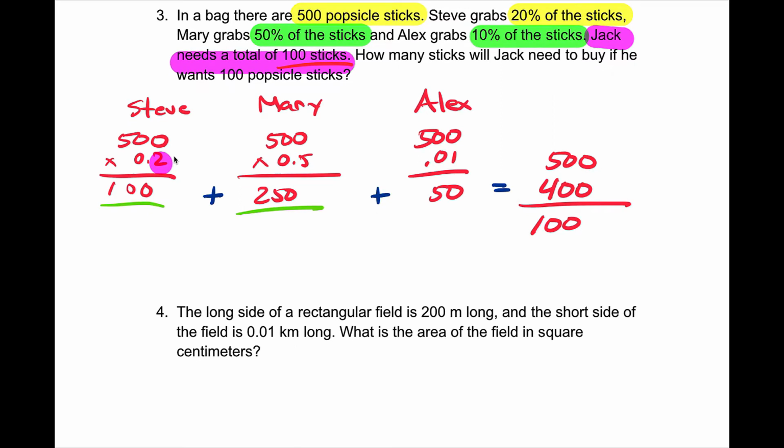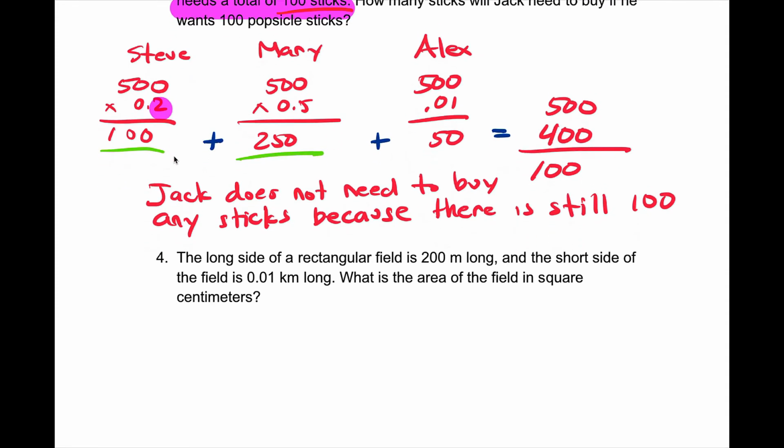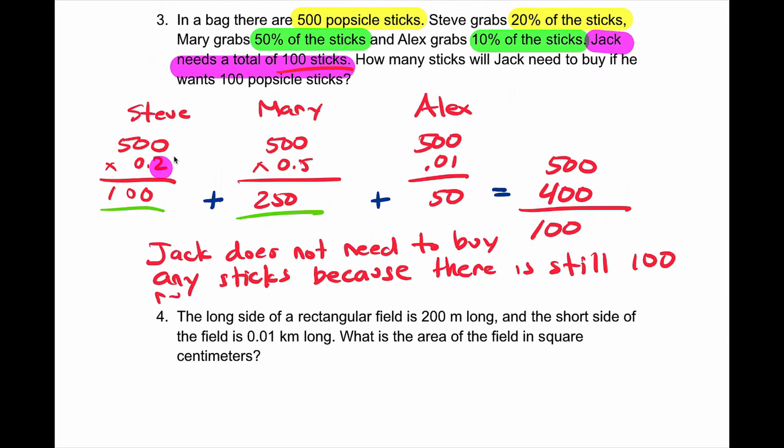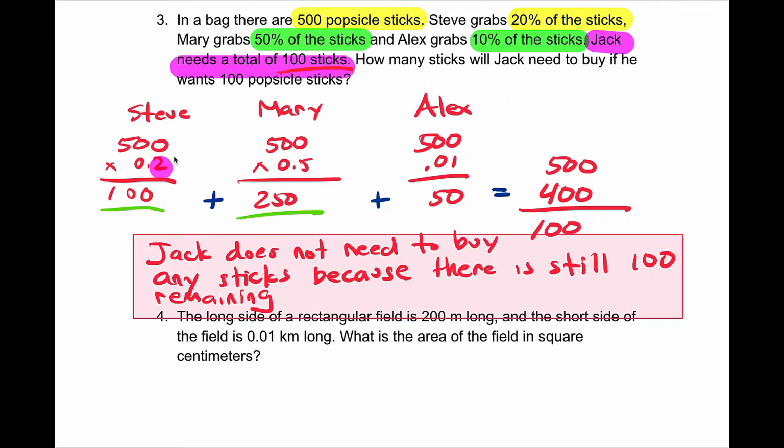So the answer is Jack does not need to buy any sticks because there is still 100 remaining. And there is our final word response to our word problem.